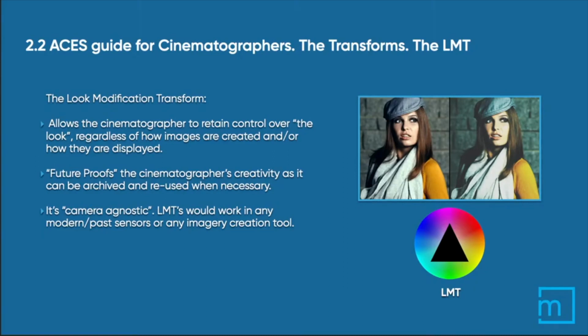Another thing is it's agnostic of output. So this LMT will work in SDR, will work in HDR, will work in DCI for projection. It will work for VR. It will work for anything that you want to use it for, because it's operating within the core of ACES.